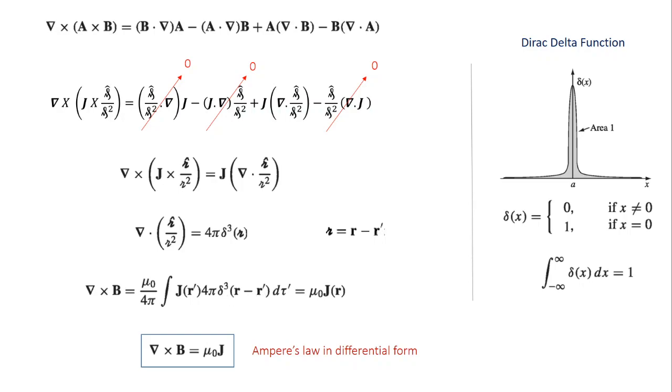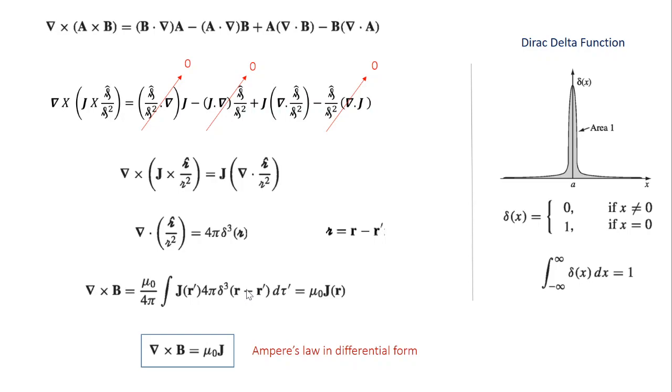Everywhere else it is 0. So there is no point in doing this integration now, because essentially we need to calculate the value of this integral at a single point. So you can neglect this integration and straight away go to this point r equal to r prime and calculate the value of this function.